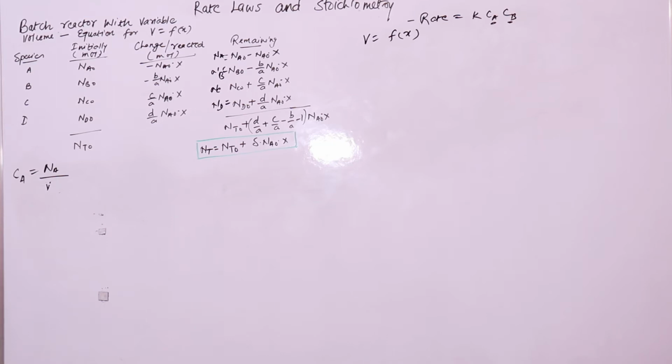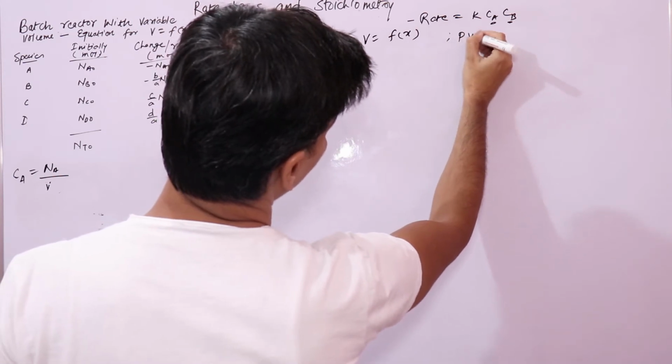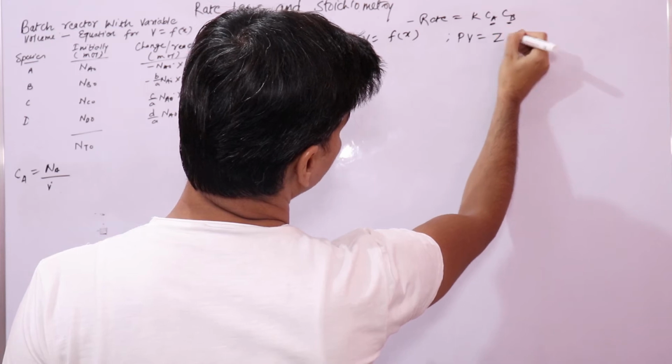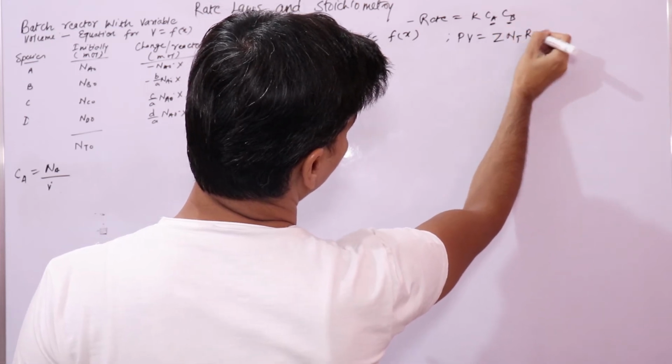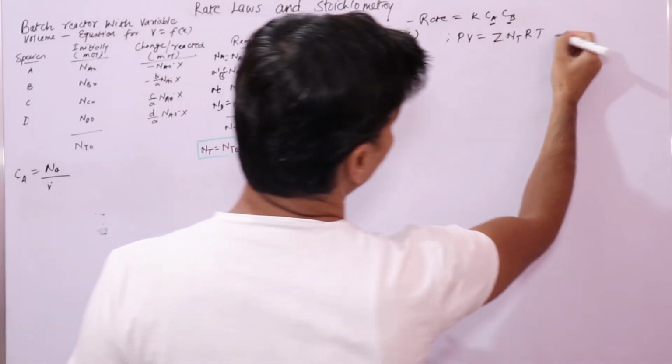You can get volume as a function of conversion using the equation of state, like I said before. The equation of state is PV equals Z NT RT.